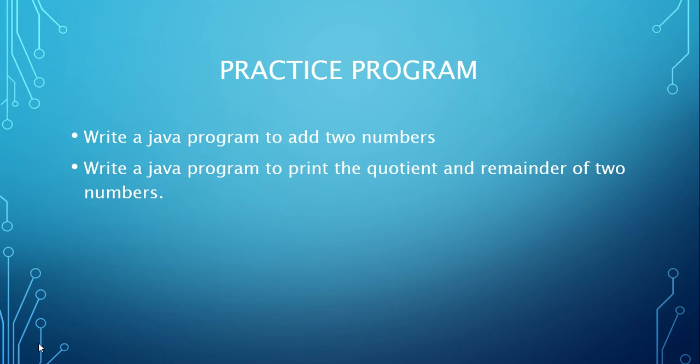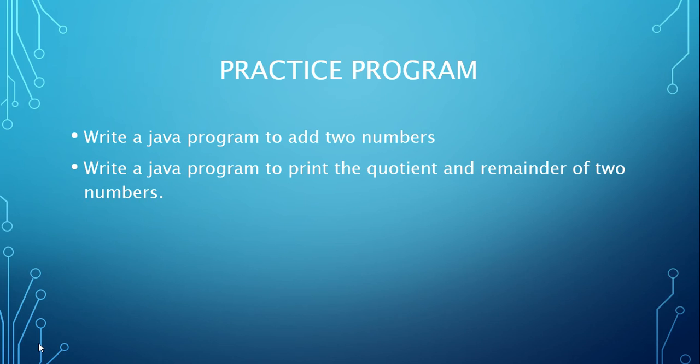Now, today I have a question for my learners who are learning the language. Two practice programs, the solutions of which I will be discussing in my next lecture. A simple Java program which will add two numbers. We will not be accepting the value from the user as of now.